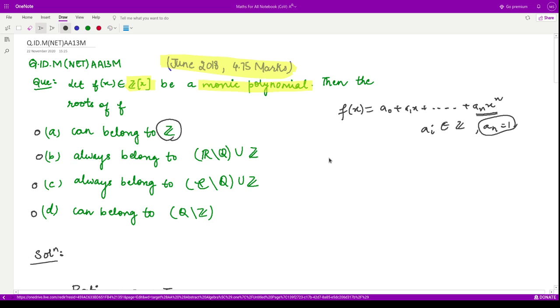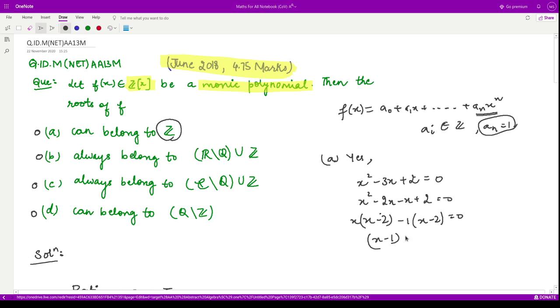Yes, the answer to this question is yes, because there are polynomials of this form: x^2 - 3x + 2 = 0. Now you can factorize this. You'll see that 2 and 1 are the roots of this polynomial.